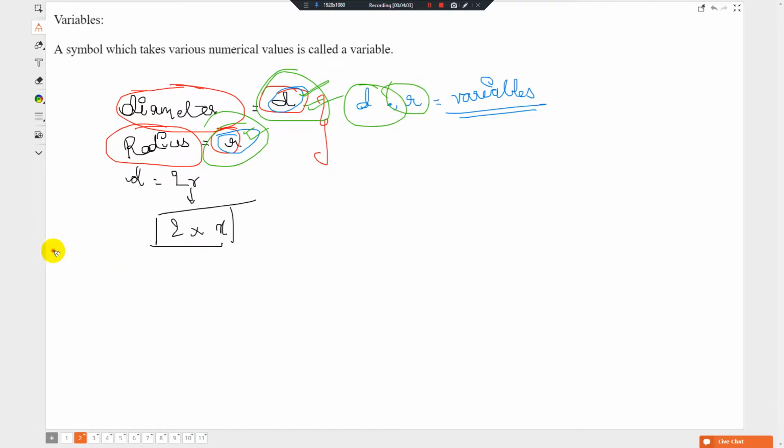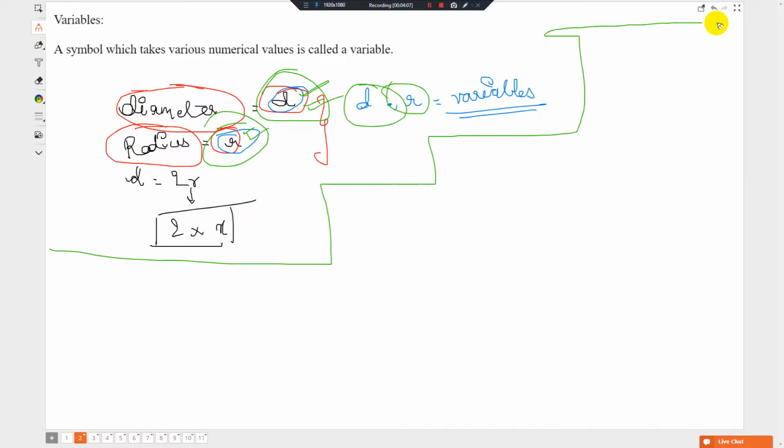Here is one more example. We know area, which we learned in mensuration. Take the area of a square.